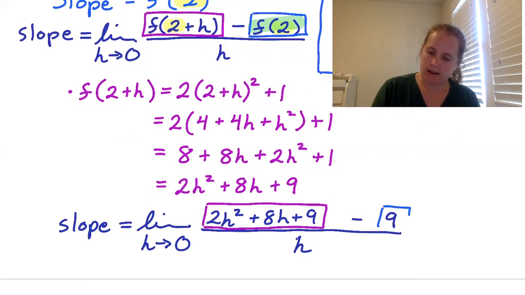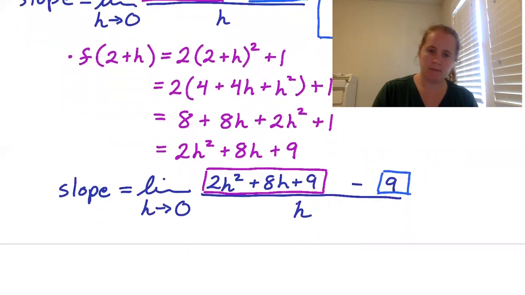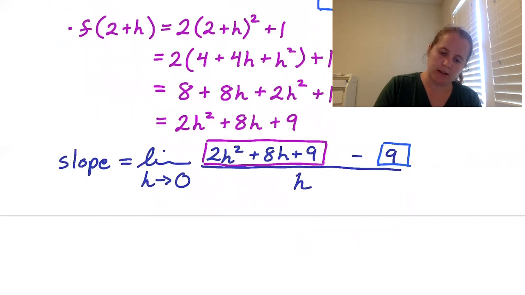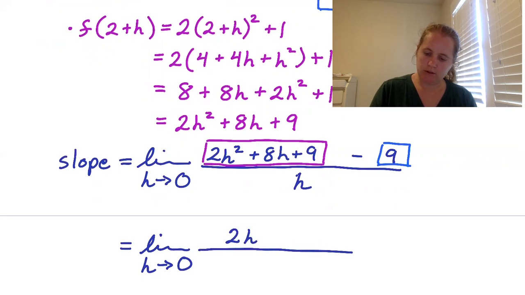And that 9 was our f of 2. Simplifying this, we wind up getting the limit as h goes to 0 of 2h squared plus 8h up top, divided by h.